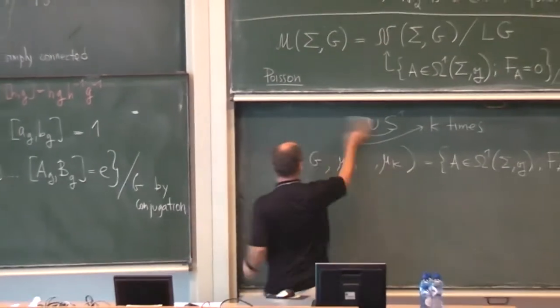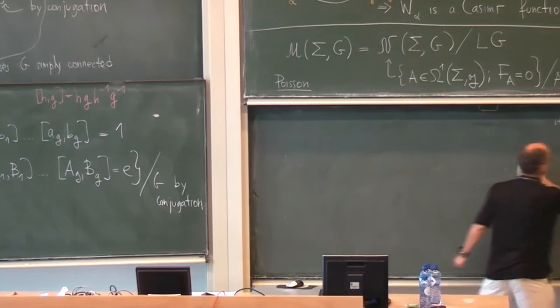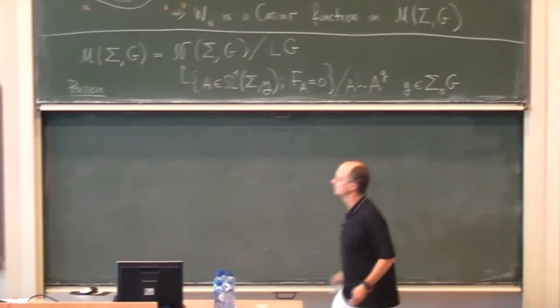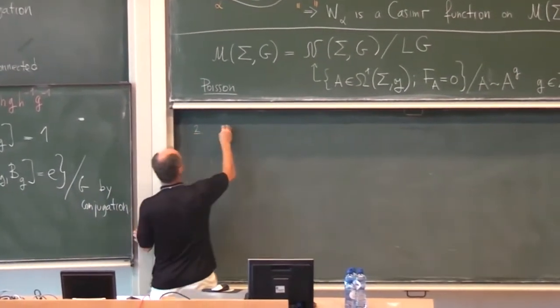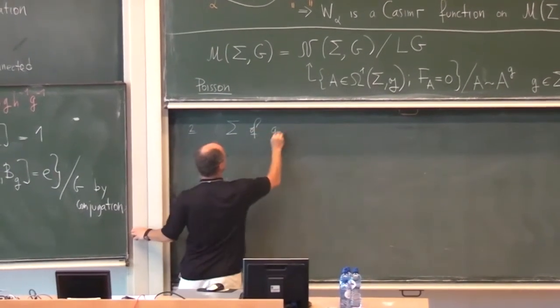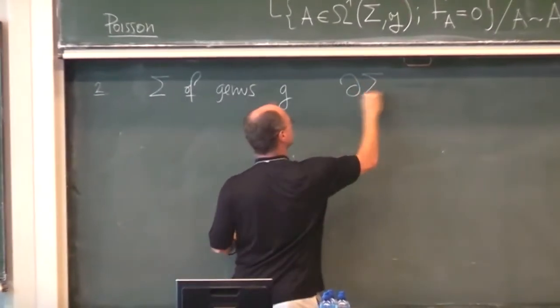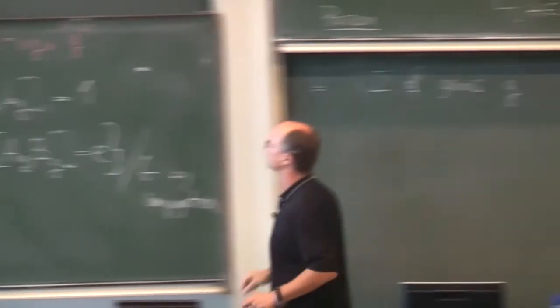Now, some other example. So sigma is still of genus G, but this sigma has a boundary circle.